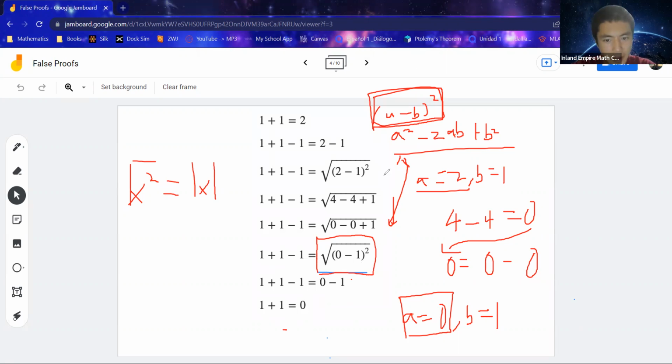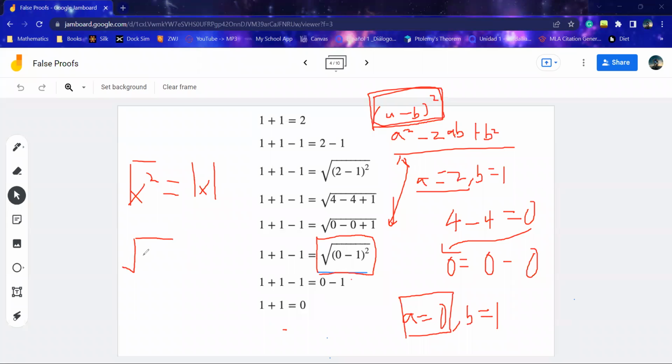Here, Joyce, here's a little hint. What is 0 minus 1? What does that evaluate to? It's negative 1, right?